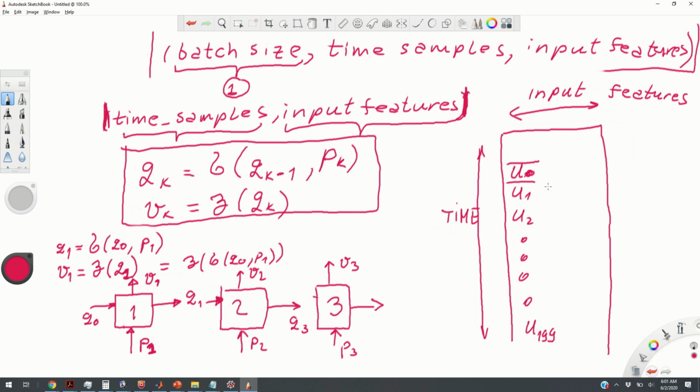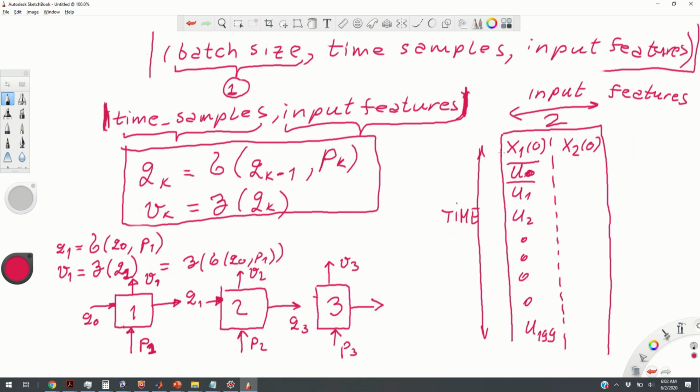However, I'm going to have here two input features. Clearly, our input vector is one-dimensional, which would imply input features equal to 1. However, be careful here. We need to provide an initial condition, our physical initial condition of our system at time instant 0.